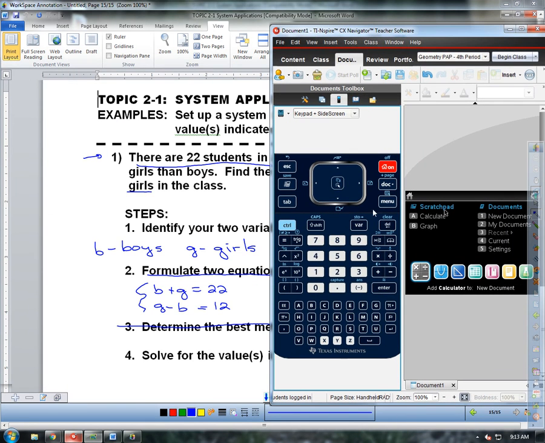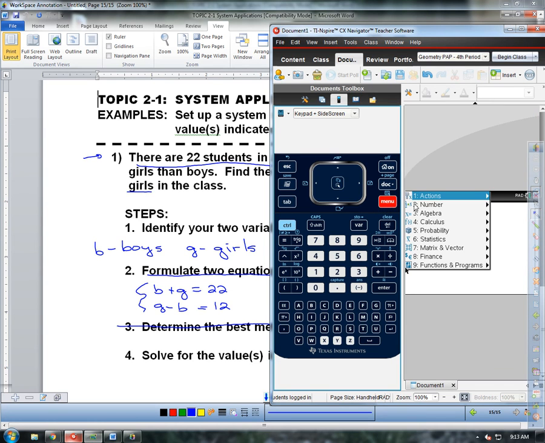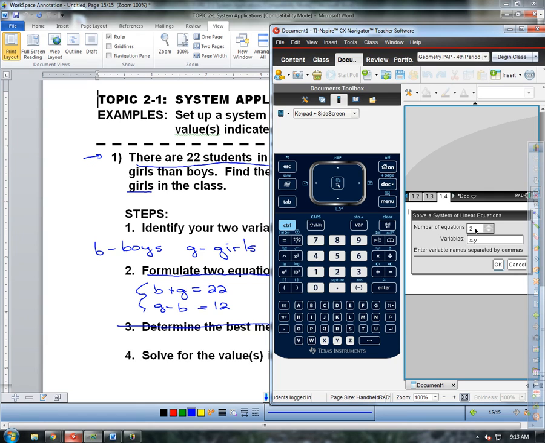Okay. So remember, our system of equation solver lives right here in the calculator. I'm going to go to menu. We're doing algebra. I want to solve a system of equations. I have two equations.